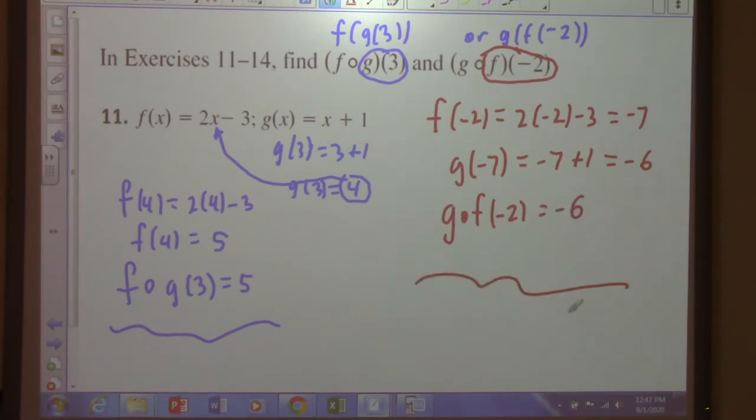Okay. All right. You good on this? Everybody good? Any questions on this one? What I want you to do is go ahead and work out 12 through 14, and I can help you out with those as we go, okay?